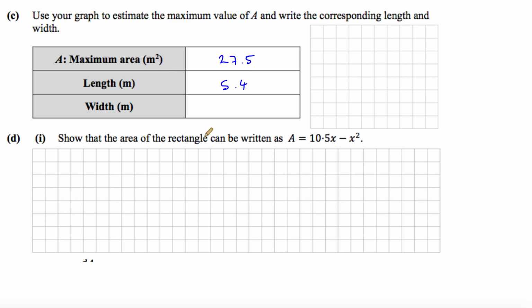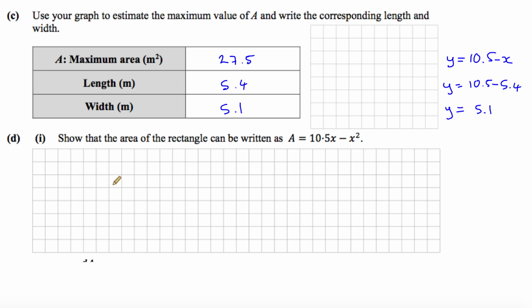So the width then, if we remember, the width is y is equal to 10.5 minus x. So y would be equal to 10.5 minus 5.4. That gives us a value of 5.1. Okay, that's the estimates from my graph.